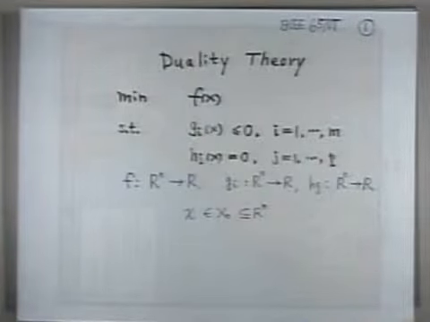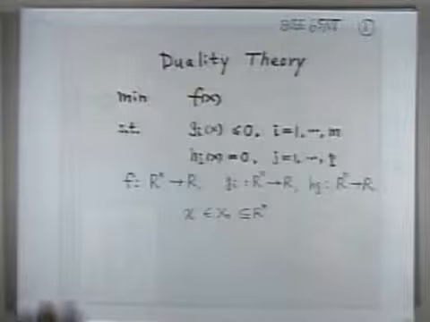So there are different ways to address this problem. In general, what we want to do is to construct a Lagrangian multiplier for both equality and inequality constraints, right?